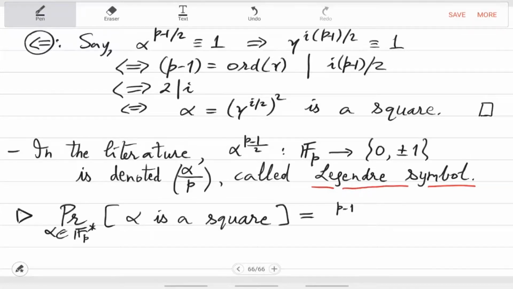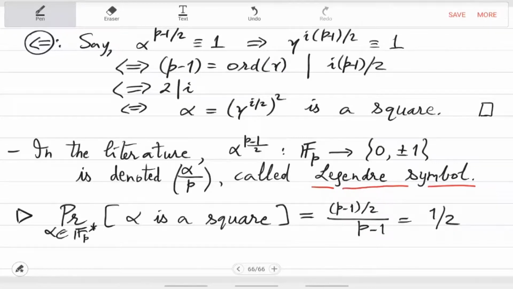P minus 1 by 2 divided by p minus 1. Okay, maybe let us go back to F_p. That is not correct, then I have to take p minus 1 by 2 plus 1. So over F_p star, half are squares and half are non-squares.